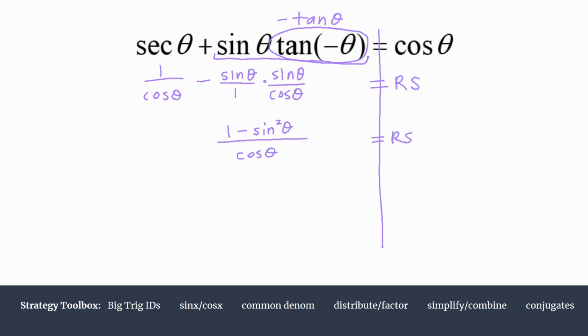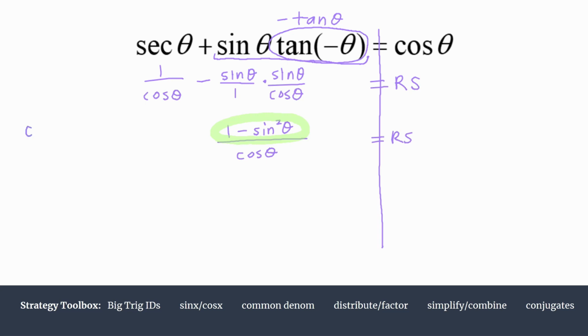Now reevaluating, we see we want to get this expression, now we have it as a single term, which is great. We want it to reduce to a single cosine. So we need to be looking for some identity or some substitution that will give us only cosine in this expression. So let's zero in here on the numerator, and we see that 1 minus sine squared should actually look like one of our Pythagorean identities.